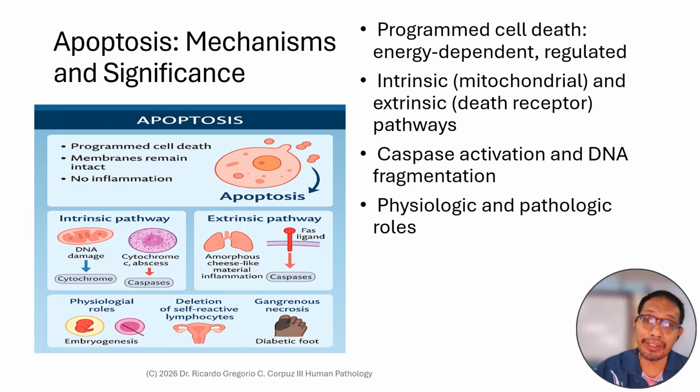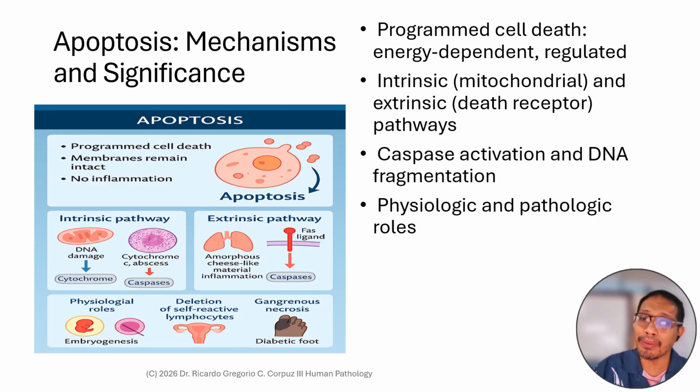This releases cytochrome C into the cytosol, which activates caspases, the enzymes that execute the apoptotic program, and the anti-apoptotic proteins like BCL2 or BCLXL oppose this process, and the balance between these groups determines the cell's fate.